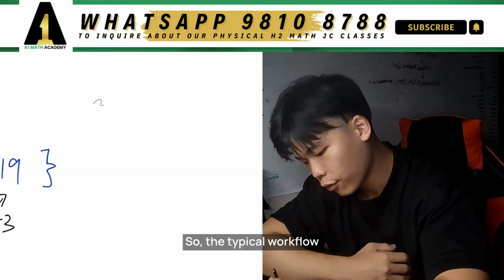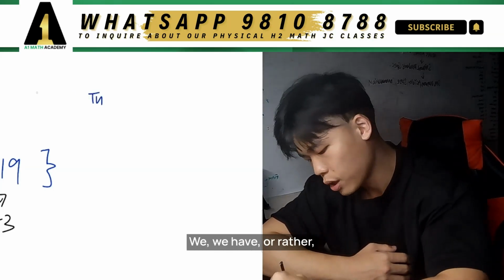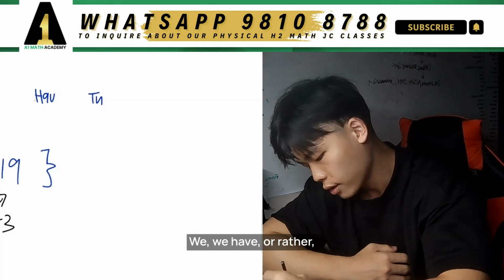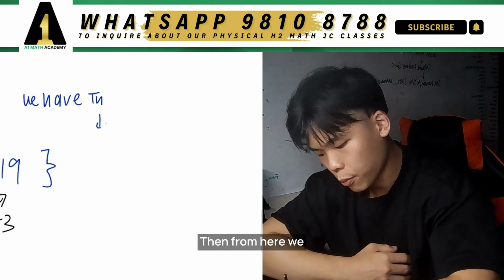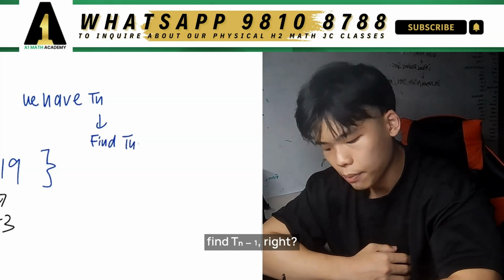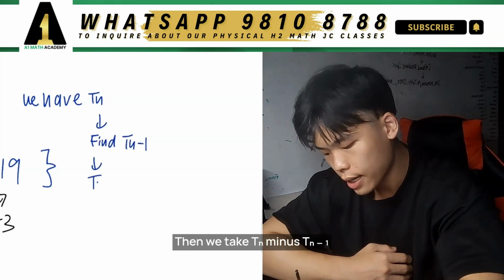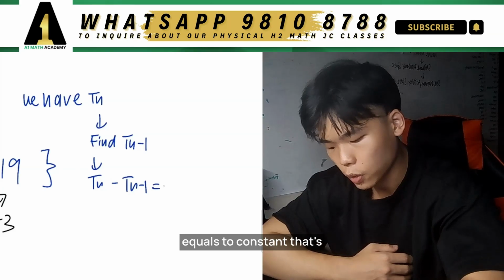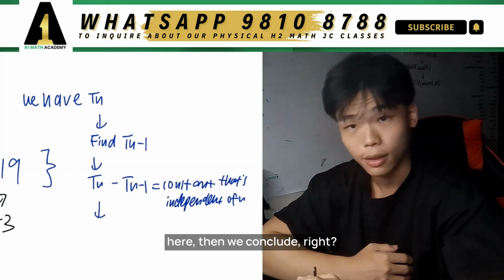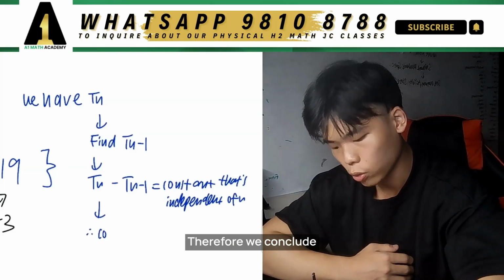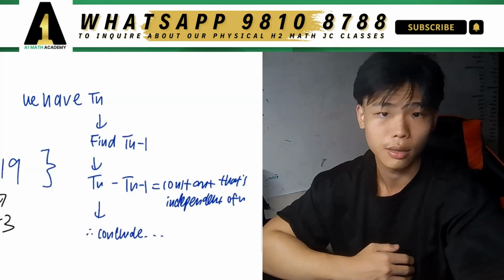So I'm just going to summarize the workflow first. The typical workflow is that we have Tn. Then from here we find Tn minus T(n minus 1). Then we take Tn minus T(n minus 1) equals a constant that's independent of n. Then from here, we conclude whatever is needed.